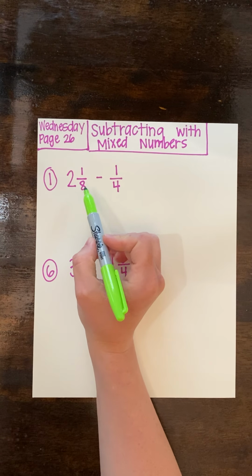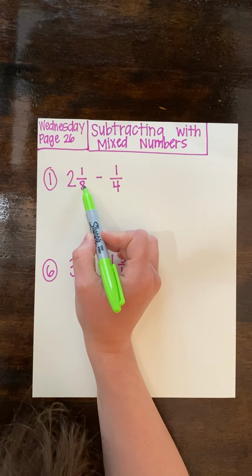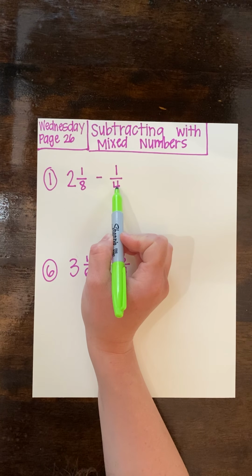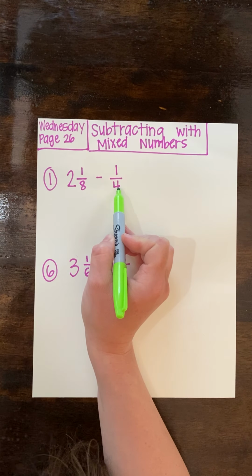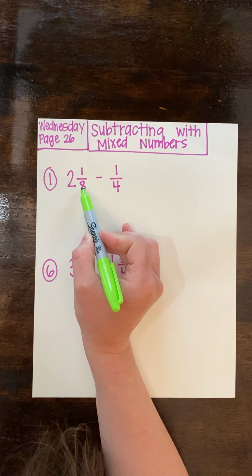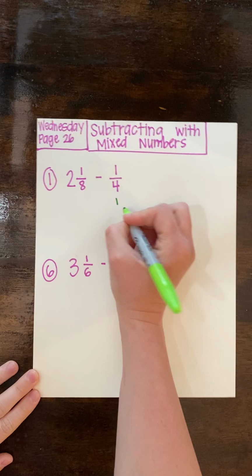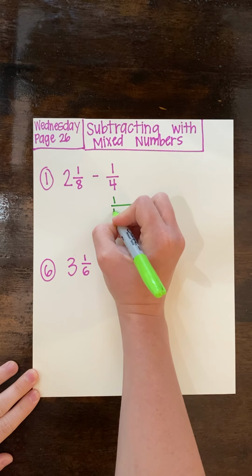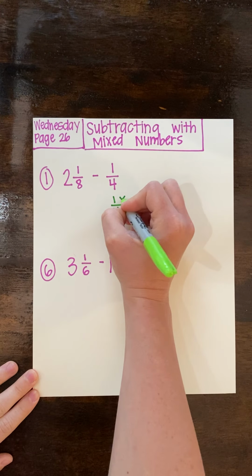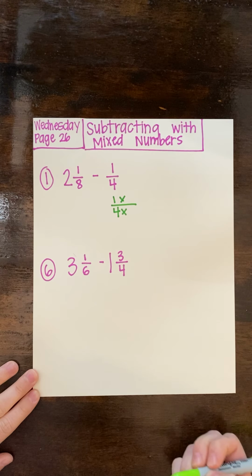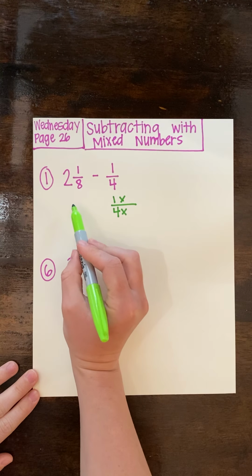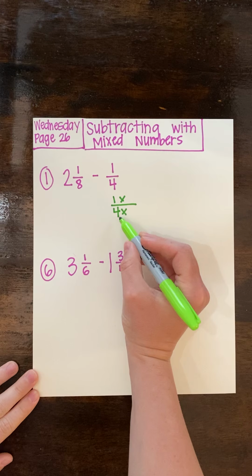So I have 1/8 here. I cannot multiply 8 times any whole number and get 4. But I can multiply my 4 by a whole number and get to that 8. I know that 4 times 2 is 8. So in this case, I'm only going to change this fraction to come up with a common denominator of 8. So I have 1/4.